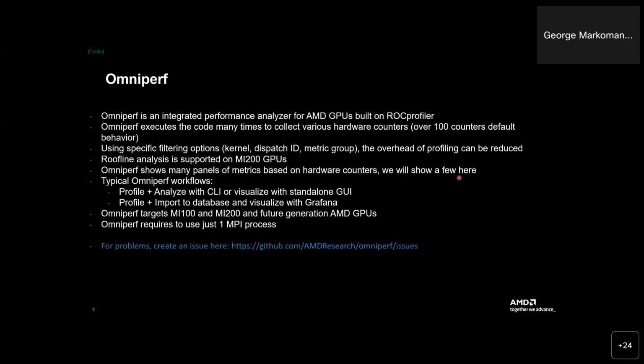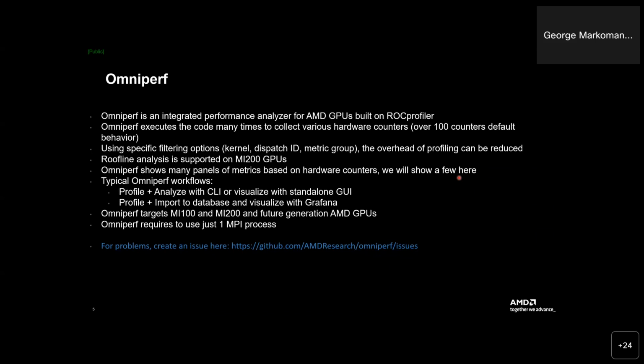So Omniperf is an integrated performance analyzer for AMD GPUs built on Rocprofiler. If you just run it without any argument, it will run around 70 times the application, gathering different counters for its execution and tries at the end to combine them to understand what's going on.